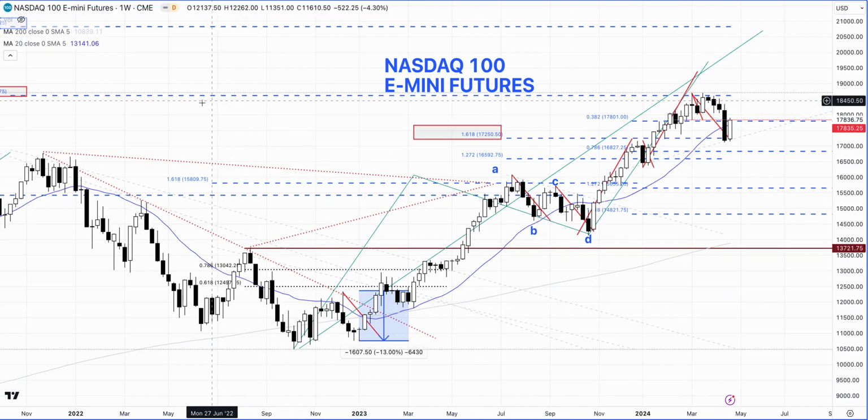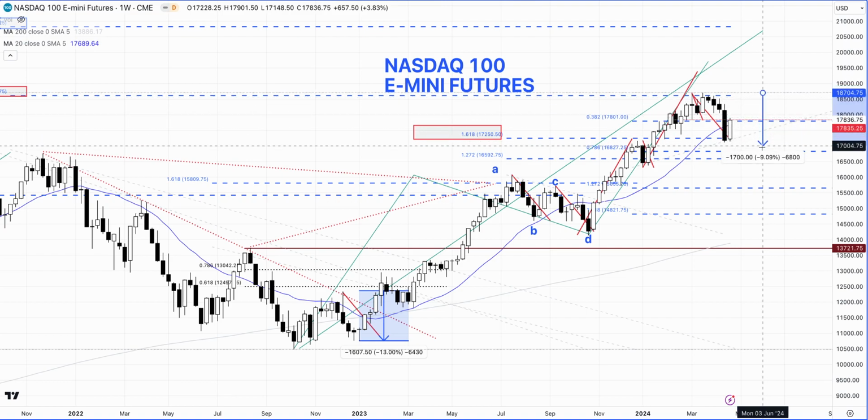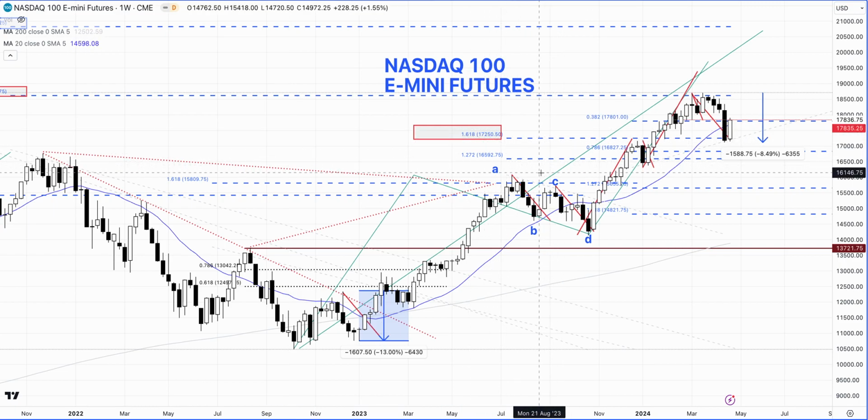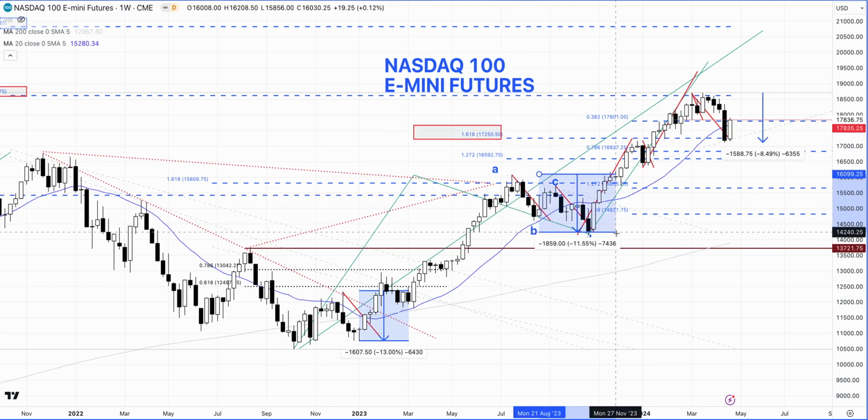Now what we'll do is we'll begin to take a look at it in percentage. So if we take a look at what this move has been in terms of percentage, then the NASDAQ has been about 8.49% down. And again, if we take a look at some of the other moves, so this one, we take it down, take a look at around here.